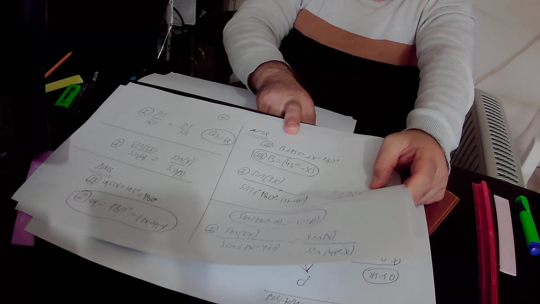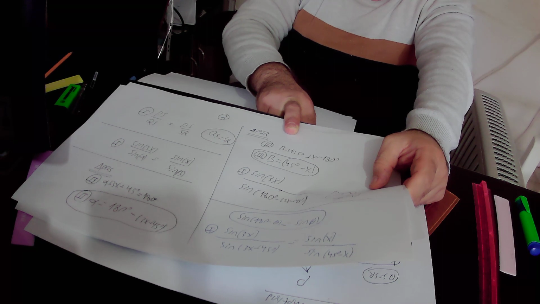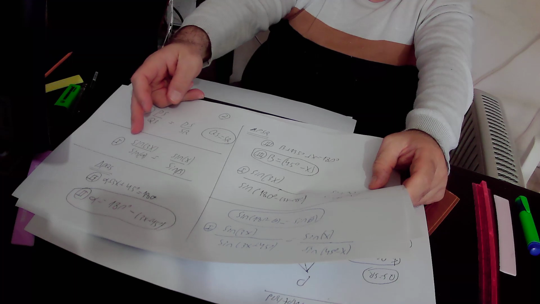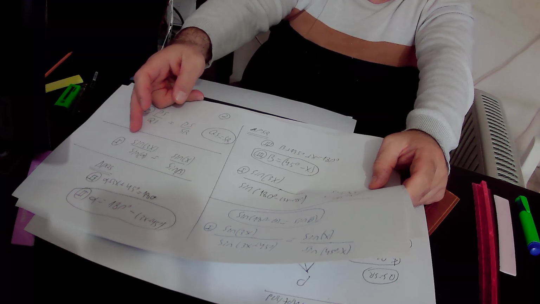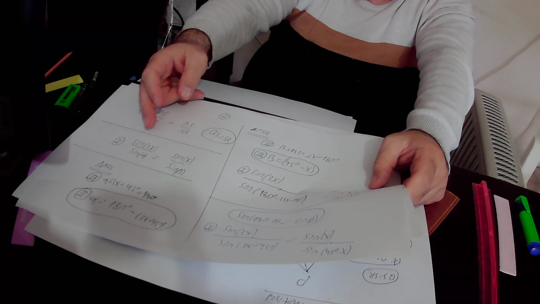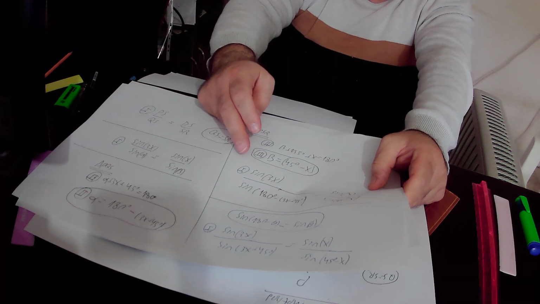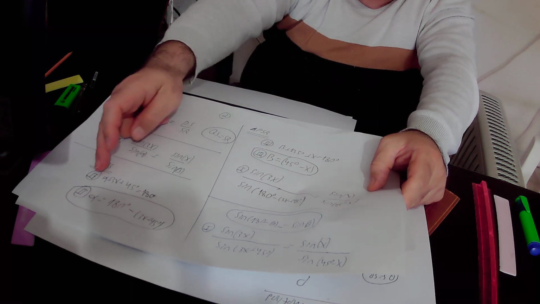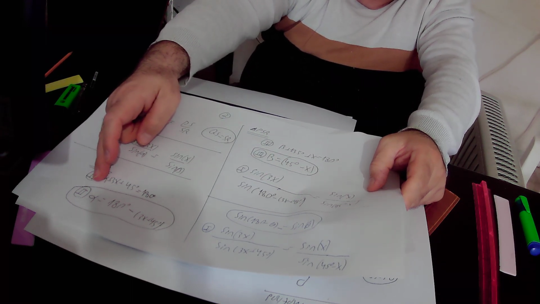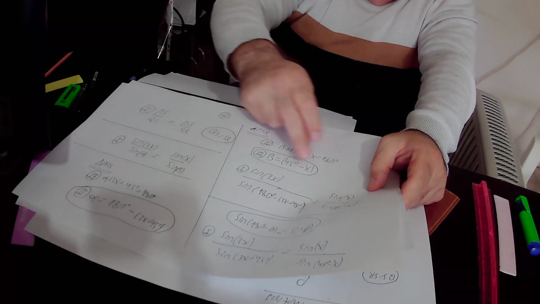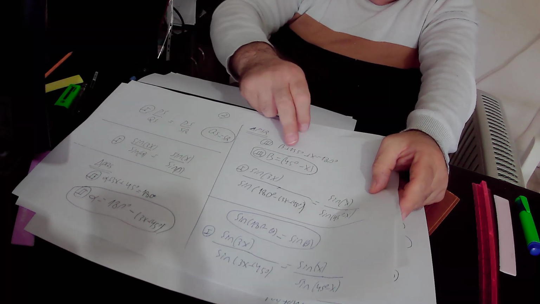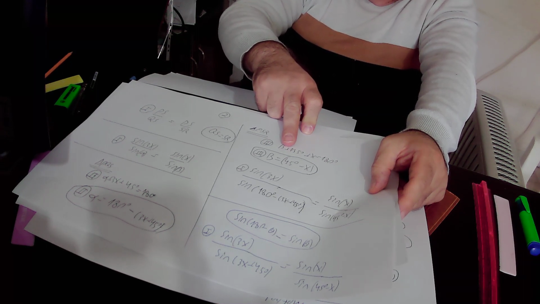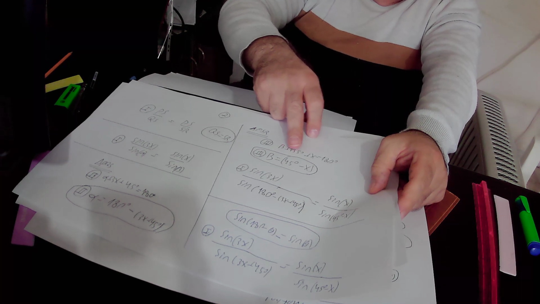So after we found out the value of alpha and beta in terms of x, we can substitute alpha and beta in this equation number 1 by the values that we found. So we did it here, and we got sine 3x over sine alpha, where we put the value of alpha according to equation number 2, and here we have sine x over sine beta, and beta equals 45 degrees minus x, so we substituted beta by 45 degrees minus x.